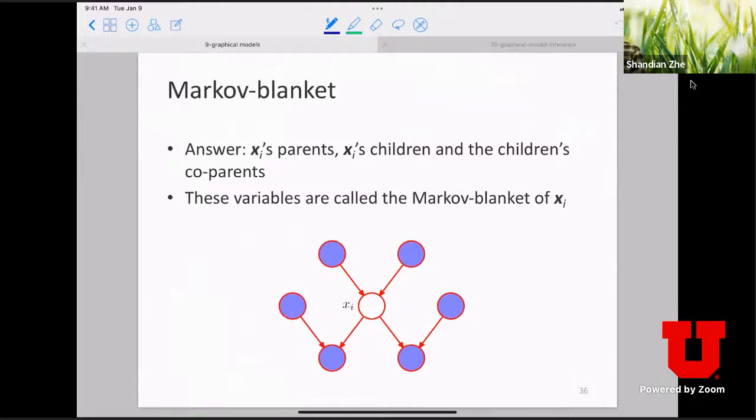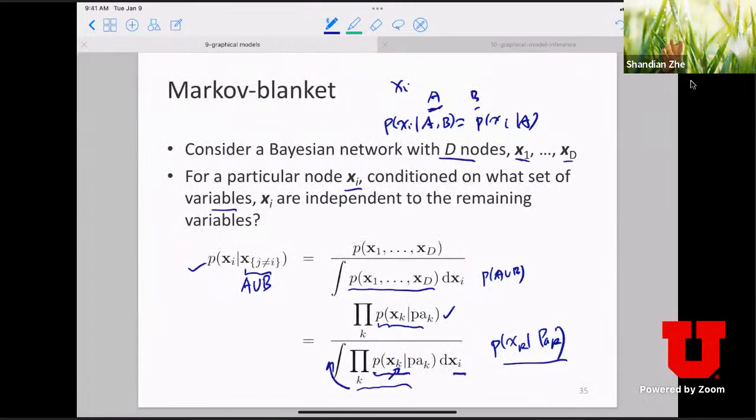You can imagine it will include Xi's parents. If you have a conditional probability of Xi given a bunch of variables, say X1, X2, of course X1, X2 coexist with Xi in this conditional probability. They are coupled in this integral. They cannot escape from the integral.